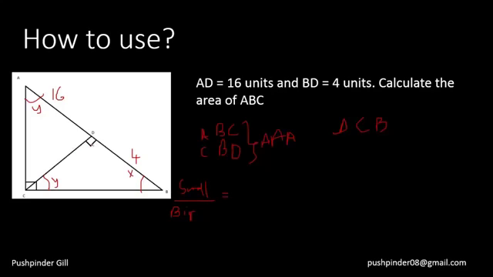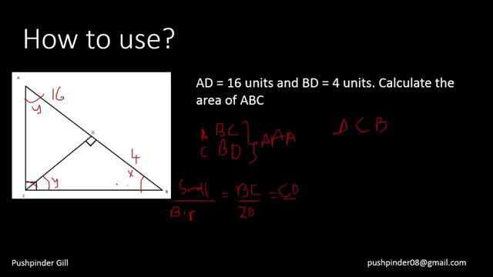So what is opposite to 90 degrees? It's BC, alright? So opposite to 90 degrees is BC. What is opposite to 90 degrees here? That is AB for the big triangle, that is 20. And what is opposite to X? Opposite to X for the smaller triangle, it's CD, okay?